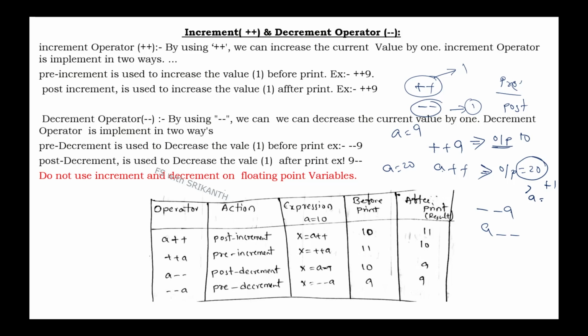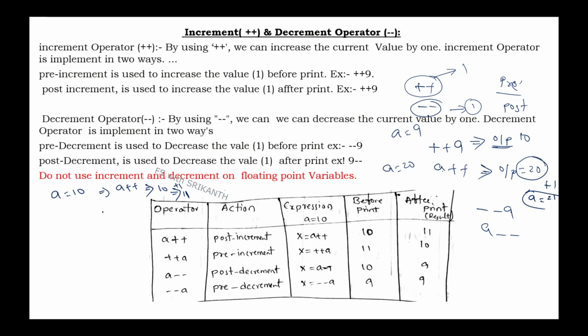Means right now, after printing, a value is going to 21. You understood? Suppose a value is 10 and I am doing a plus plus. What do we get as output? First it prints 10. Then it increases the value to 11.